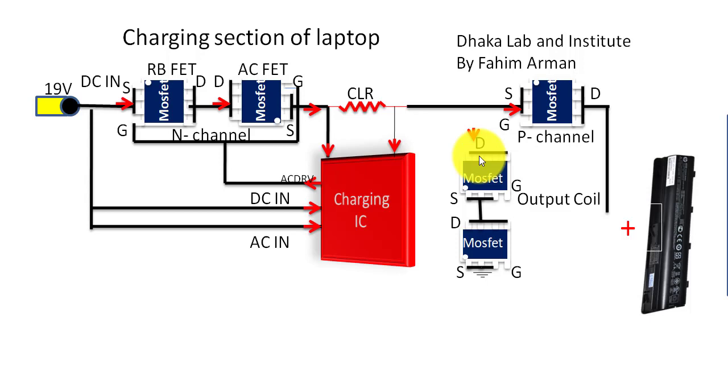When the charging IC provides switching voltage, the voltage will pass from drain to source, and then from the source the voltage will enter into the second MOSFET, or supporting MOSFET, whose source point is ground.